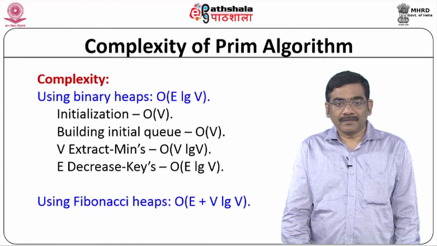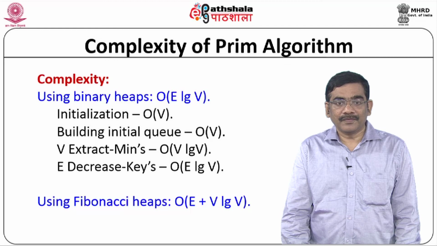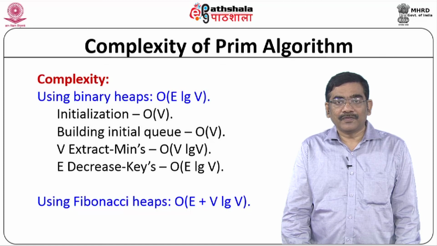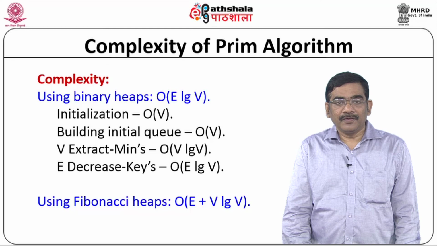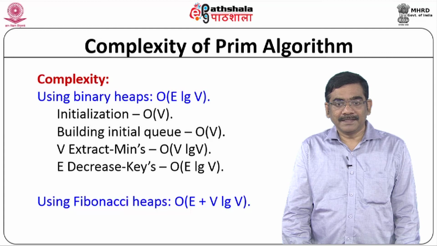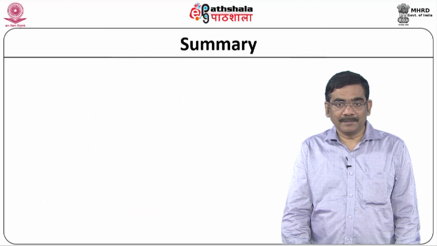The complexity of that is order of V log V. Then for key manipulations, decrease key is going to be order of E log V. Put together, it comes to order of E log V. If you go for a Fibonacci heap instead of the binary heap, the complexity comes as order of E plus V log V. This is the complexity analysis of Prim's algorithm.